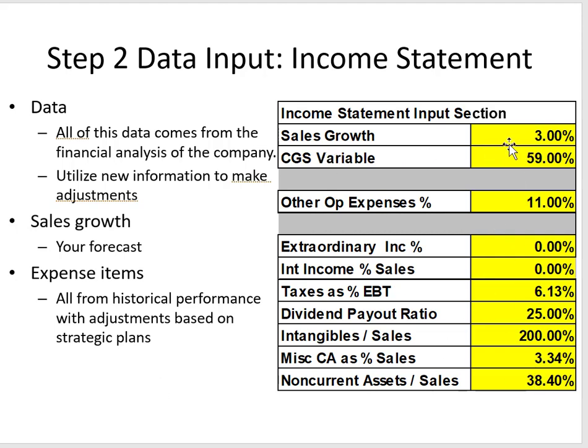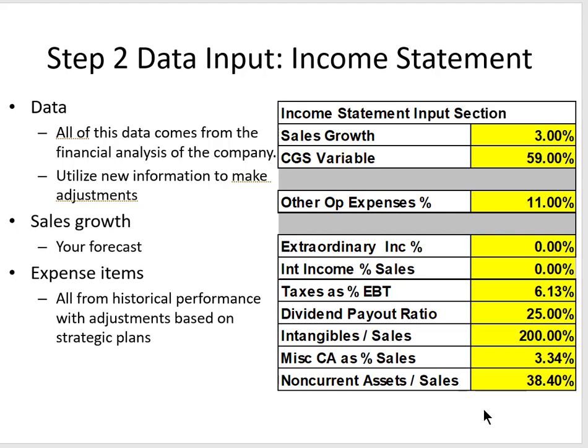That sales has been growing around 3%. We think it'll continue. Cost of goods sold are around 59%. And working down, these are all we can assume to be averages of historical information. Now, of course, any change that we would make or suspect, we can incorporate in here, right?